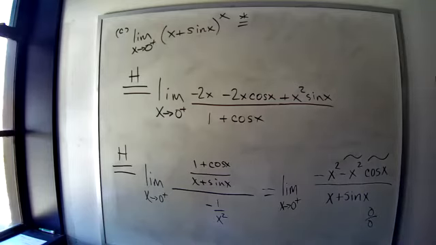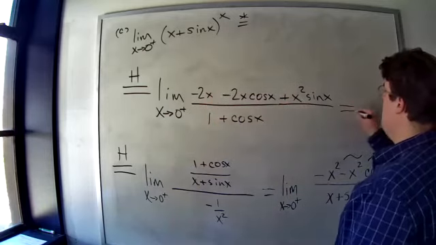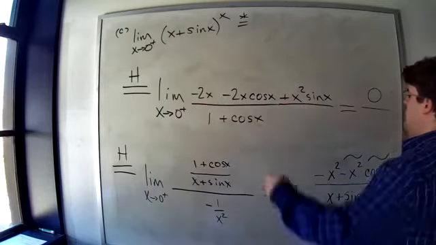Well, we're at this stage, and it looks like applying L'Hopital's rule made this much more complicated. But notice what happens when you substitute. The top, you get 0, 0, and 0. What do you get on the bottom?